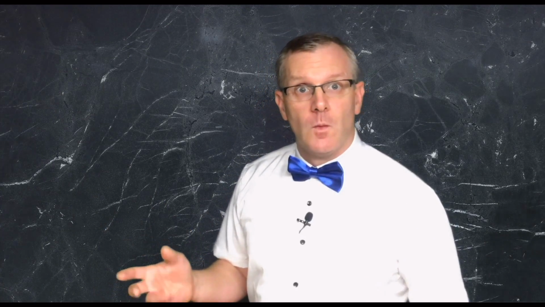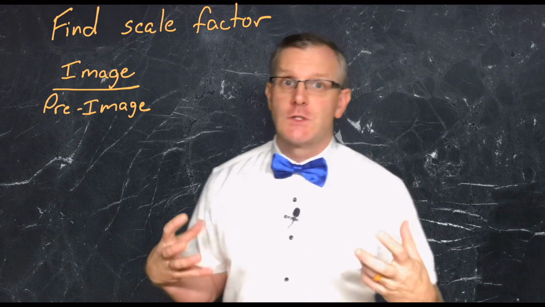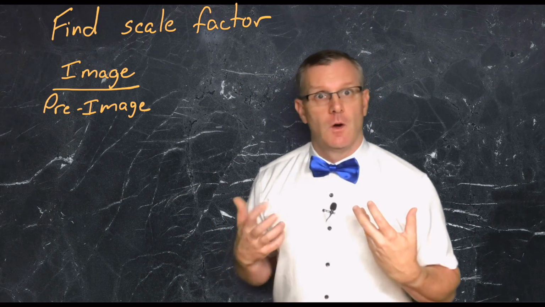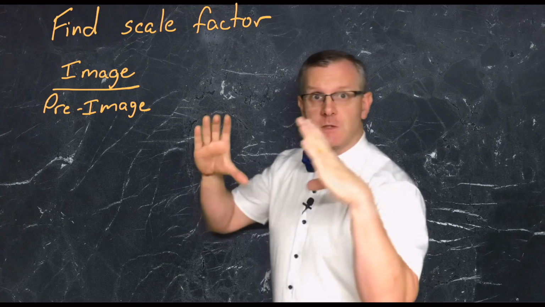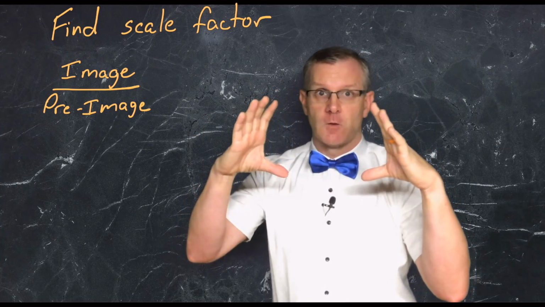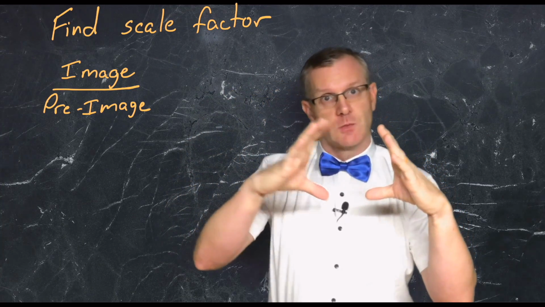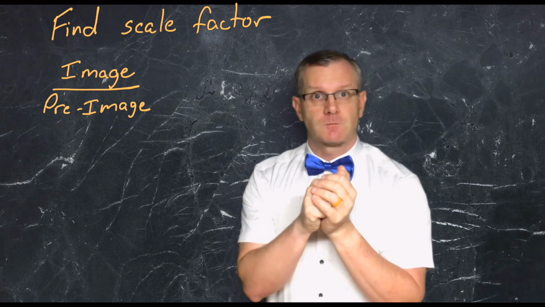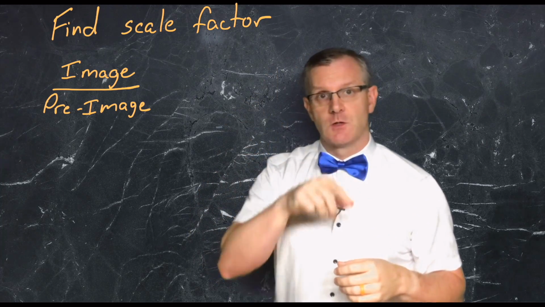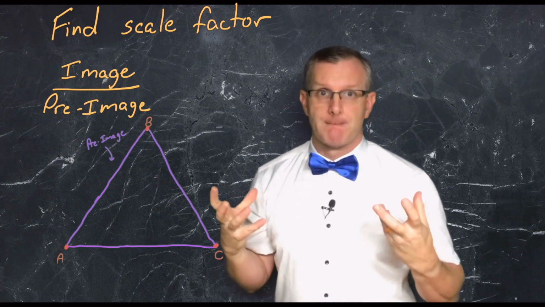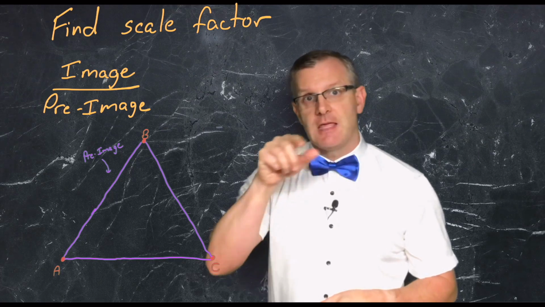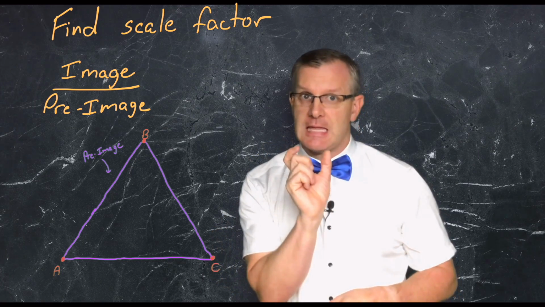All right, ladies and gentlemen, our next example, before we get into the practice, we're still looking to find the scale factor. But in this case, our pre-image is the larger figure, and we're reducing down to our image. As we see here, triangle ABC is our pre-image, and triangle AED is our image.